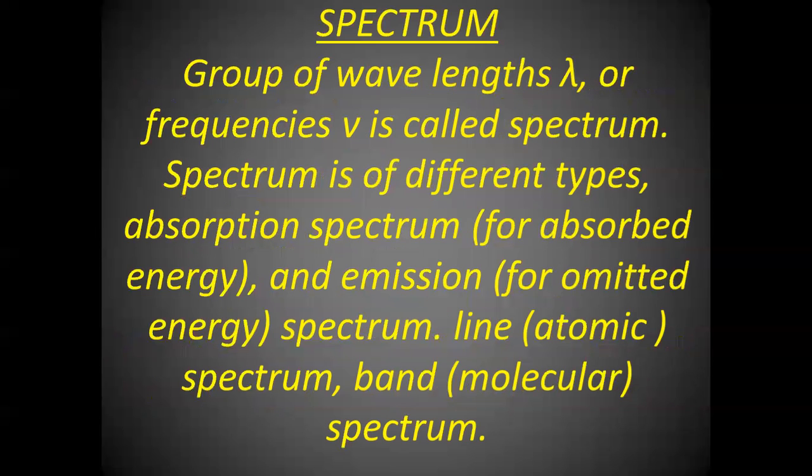Now, one more term we have to be familiar with is spectrum. After EMR, we have spectrum. What is spectrum? It is nothing but a group of wavelengths or a group of frequencies.